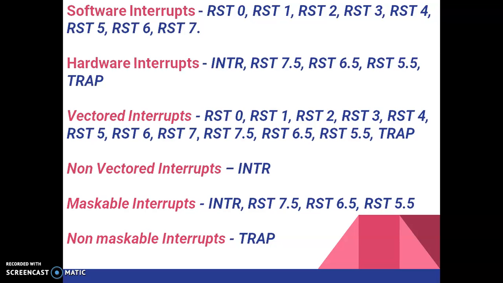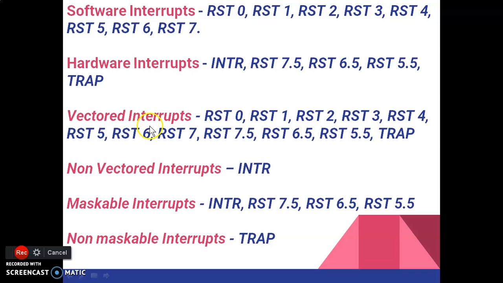This is the summary of the different interrupts. The software interrupts are RST 0 to RST 7. Hardware interrupts are the pins on your microprocessor which can be used for giving an interrupt, which are INTR, RST 7.5, 6.5, 5.5 and TRAP.